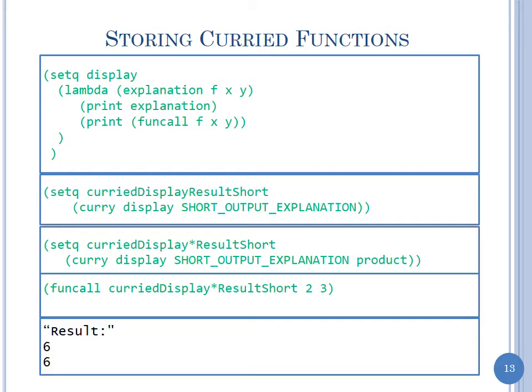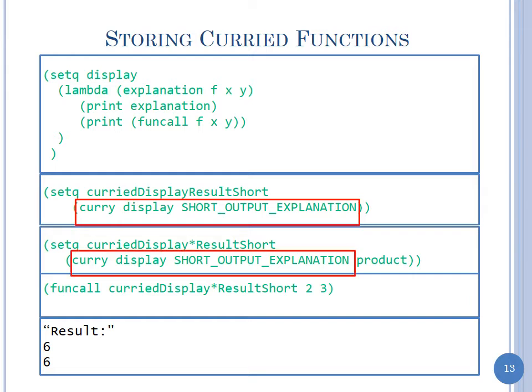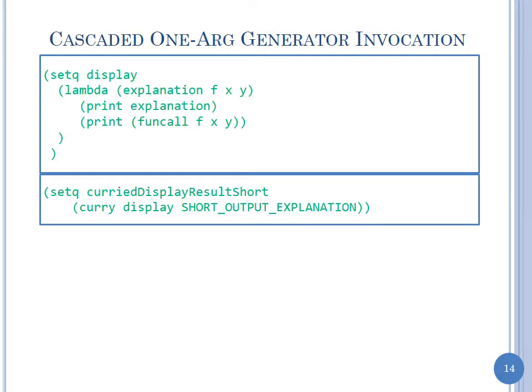Since we're just adding product onto curry display short result, could we just call curry short display result and then add product to it? So you just do cascaded currying? Yeah. Okay, that's kind of what you were hinting at. So we've got this commonality, so we can go and do setQ.